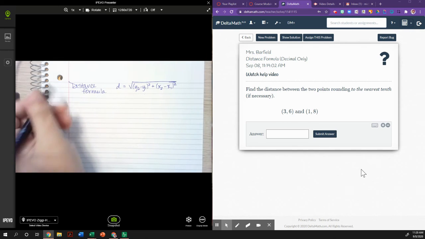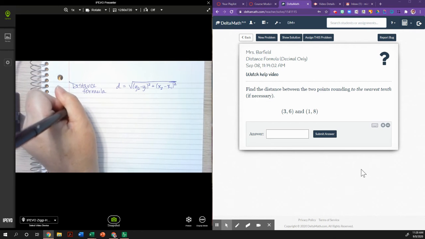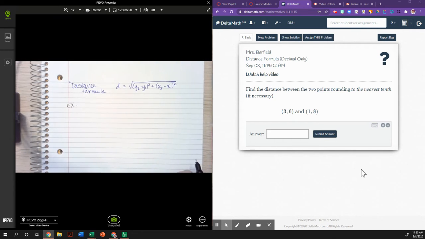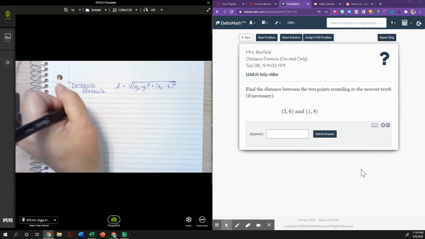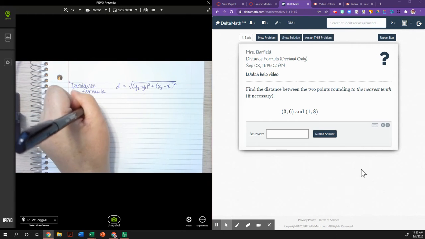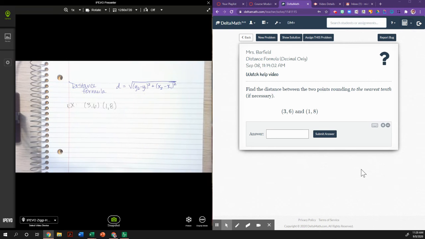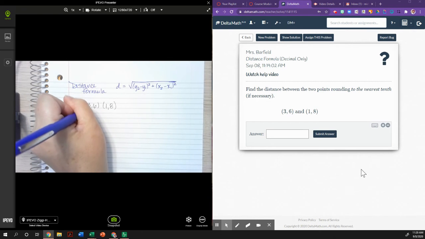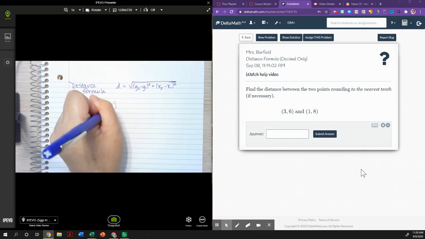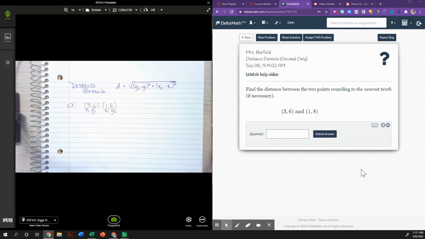If I look at my example, it says to find the distance between 2 points, rounding to the nearest tenth if necessary. So we are going to get some decimal values that we're going to work with. I have (3, 6) and (1, 8). I'm going to label those points x1, y1, x2, y2.